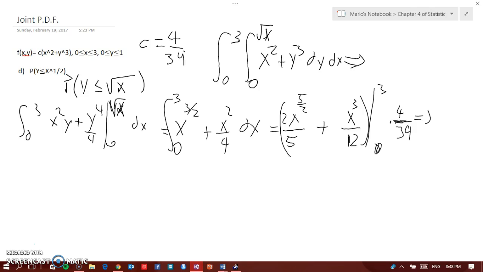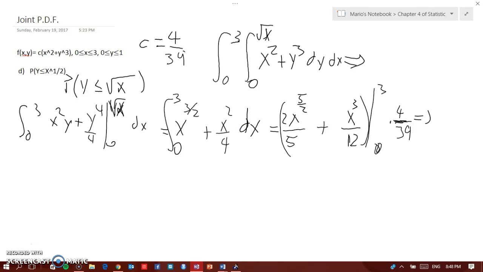I wanted you to get the idea of how to do this part, because it will be really essential. I hope you understand this. It is not actually hard if you understand how to do a double integral.